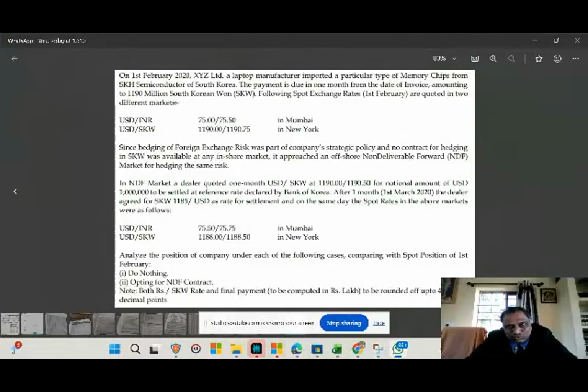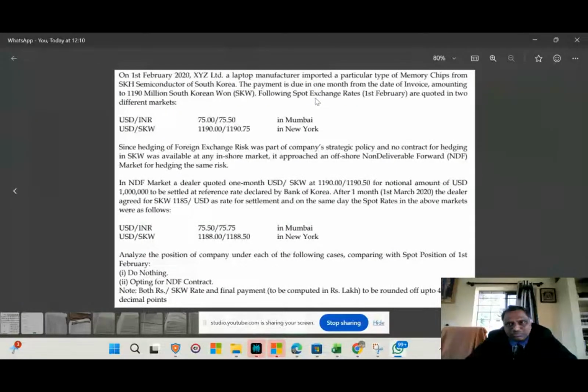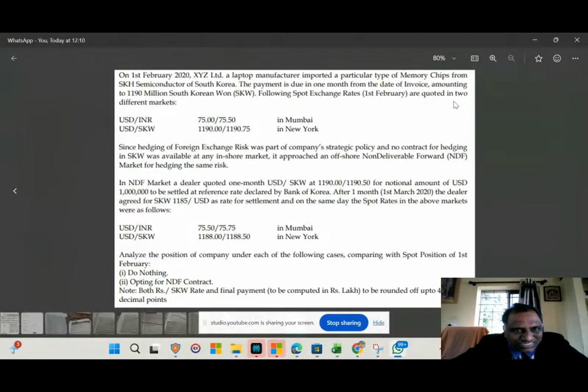Amounting to 1,190 million South Korean SKW, following the spot exchange rates quoted in two different markets: USD INR in Mumbai and USD SKW in New York. Since hedging foreign exchange risk was part of the company's strategic policy and no contract for hedging in SKW was available at any onshore market, it approached an offshore non-deliverable forward NDF market for hedging the same risk.